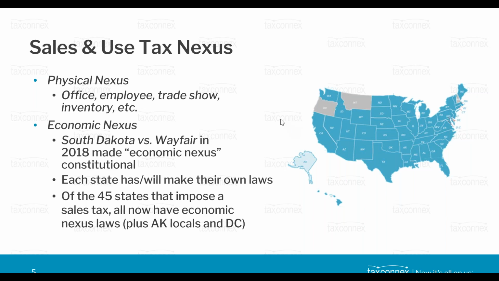So today, the way I would leave it with you is if you've got $100,000 in revenue in any given state during a 12-month period, you need to be asking the question, have I established nexus in that state? And if the answer to that question is yes, then you have to understand you may have a tax compliance obligation in that state.